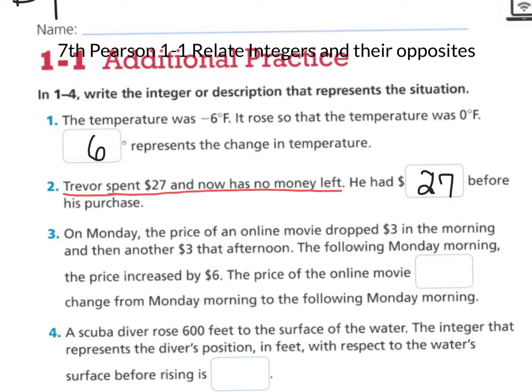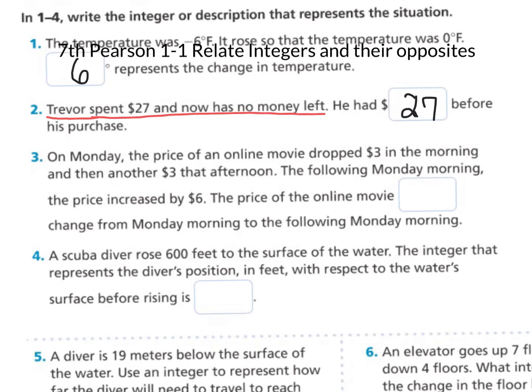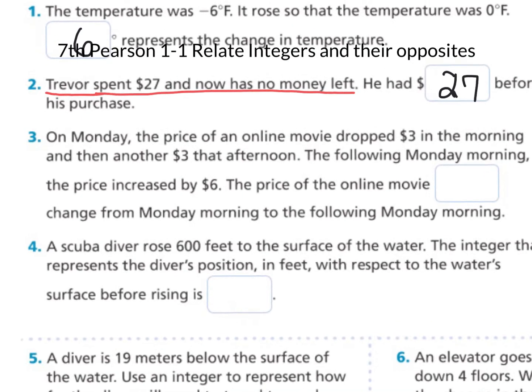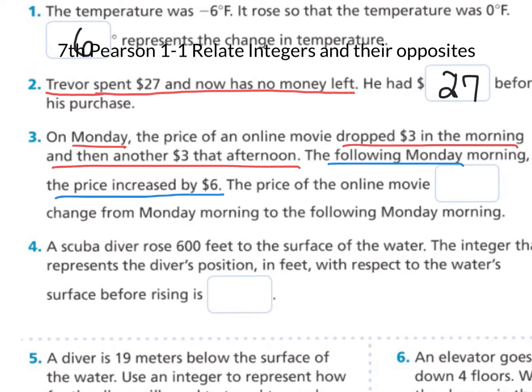Number 3, on Monday, the price of an online movie dropped $3 in the morning and then another $3 that afternoon. The following Monday, the price increased by $6.